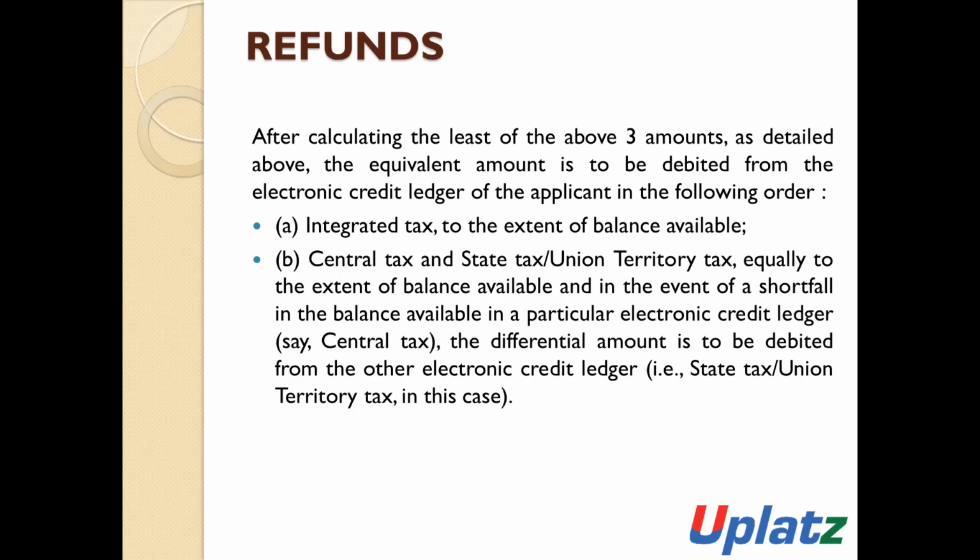Integrated tax to the extent of balance available. Number two, central tax and state tax or union territory tax equally to the extent of balance available, and in the event of shortfall in the balance available in the particular electronic credit ledger, the differential amount is to be debited from the other electronic credit ledger.